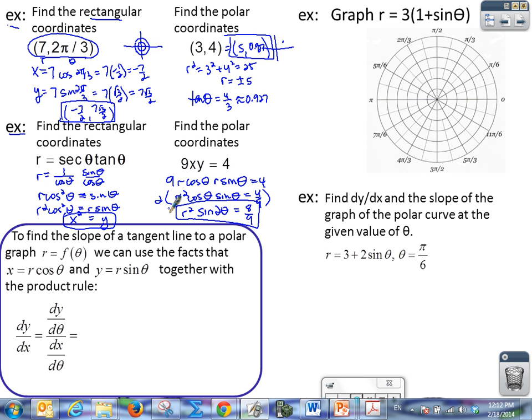You certainly could solve for r squared and move the sine 2 theta to the other side if you wanted to. So that would be 1 over sine, and what could we turn 1 over sine into? Cosecant. Just know that that's possible. All right. Everybody okay so far? All right, let's get to graphing.